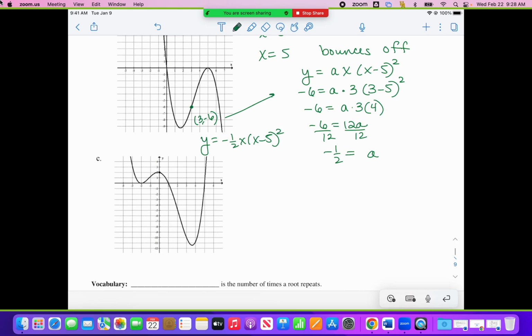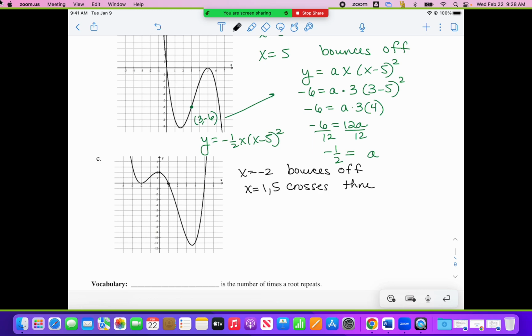So letter C. At x equals -2, it bounces off. At x is 1, it crosses through. And at x is 5, it's going to cross through. This is an up. So what degree should it be?